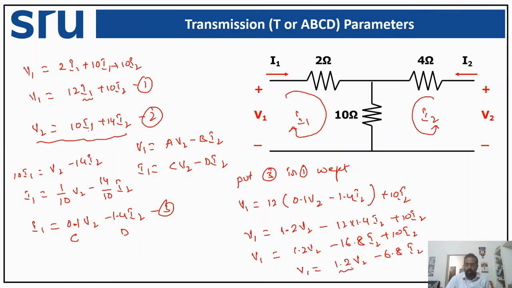If you compare with the actual equation, this is my A and this will be my B. So my ABCD matrix can be written as 1.2, 6.8 ohms, 0.1 mho and 1.4.